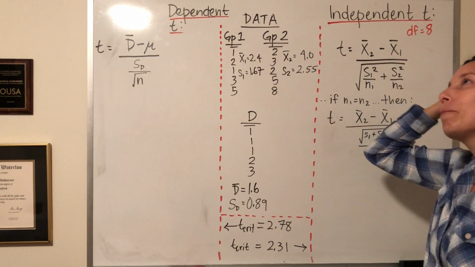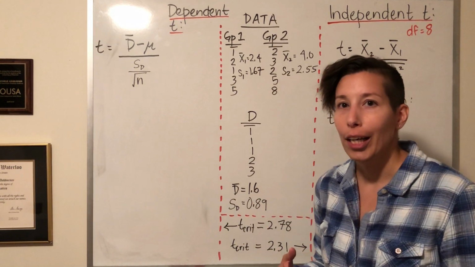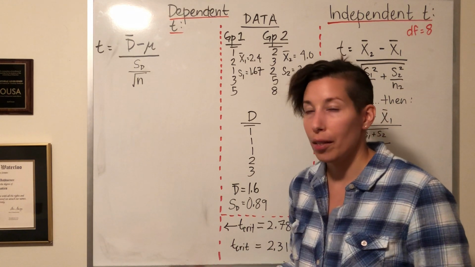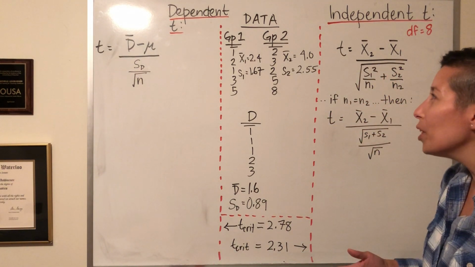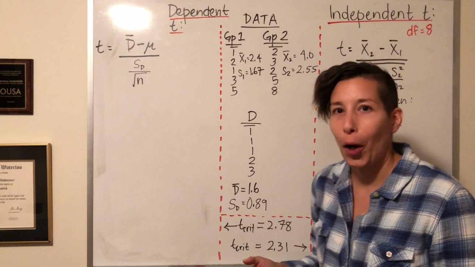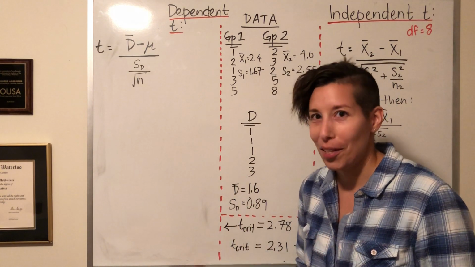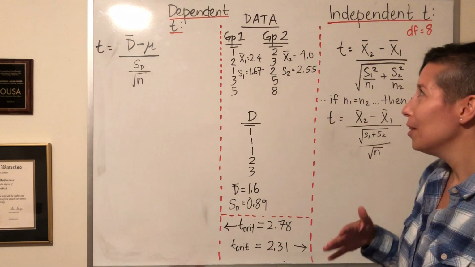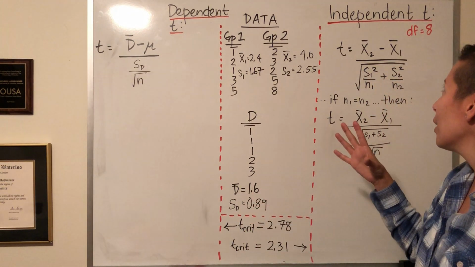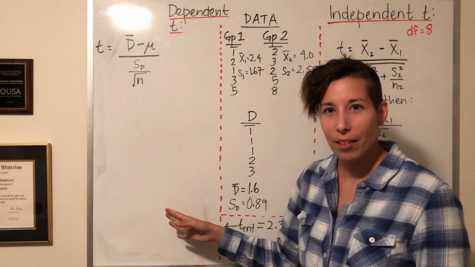And I feel like some of the stuff that one is trying to learn in these 300-level social science stats courses is really why it is that you need a larger sample size in order to have enough power for your independent t-test versus your dependent t-test.